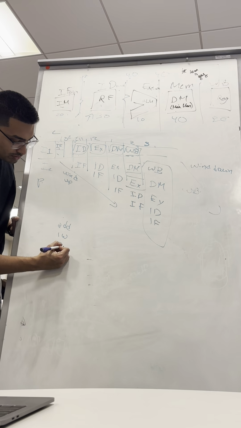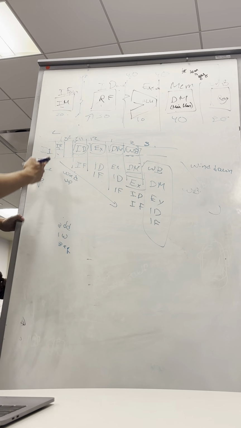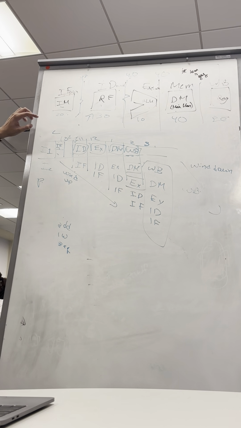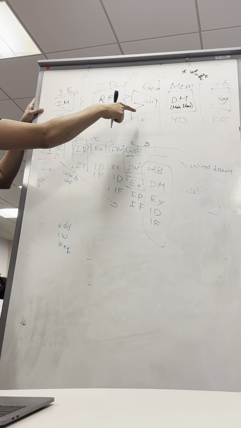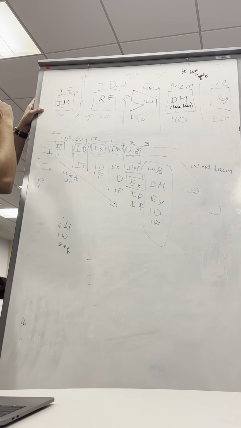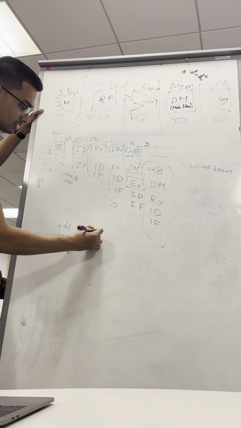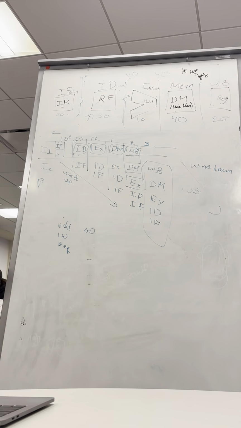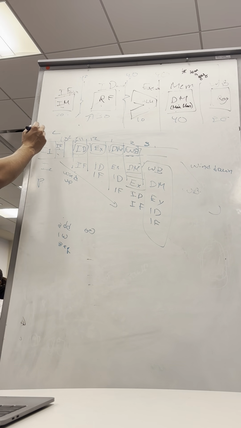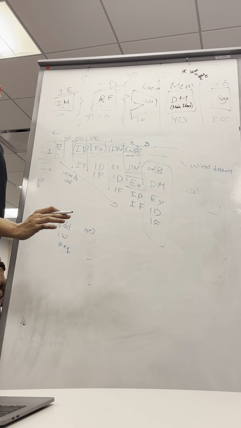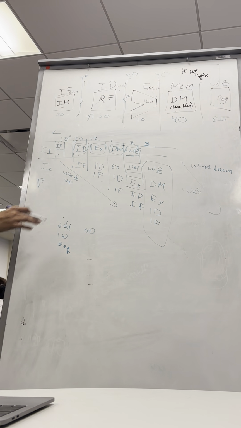So if we were to do this, add has to go through the fetch, decode, execute, and that's it, right? So 10, 30, so that's going to be 60. Whatever units they give you, this one's 60.